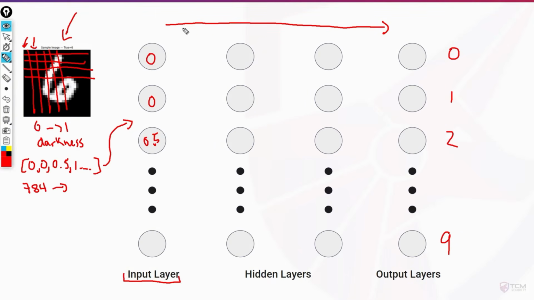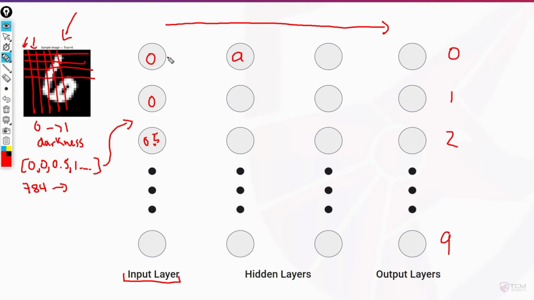If we want to calculate, for example, the activation of this first neuron in the first hidden layer, we'll put alpha here for activation. Remember, this is the sum of the activation of all of the previous neurons multiplied by the weight for that connection between the neurons, plus or minus the bias.